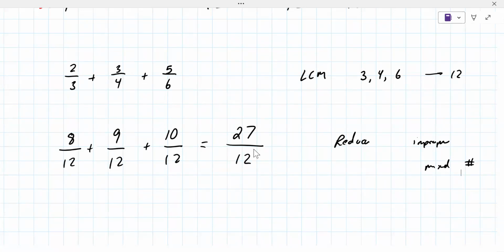Okay, so that mixed number you're going to have to reduce though. Like you don't get out of it. You still have to do that part of it. So would it be 2 1/4? Okay, so you got 2 1/4. Yes, that is correct. Okay, very good.